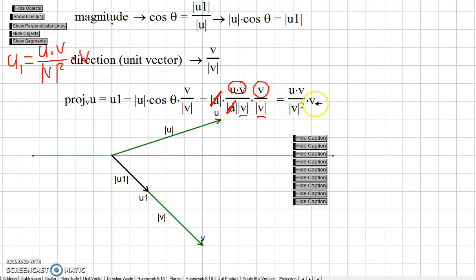But this is a vector, so that just goes on the back. So we have that number, that scalar, multiplied by vector v. You'll notice that the projection vector, the black vector in my picture, is always going in the same direction as the original vector v. That's a little bit about where that formula came from. Kind of a lot to put together, but feel free to ask some questions.